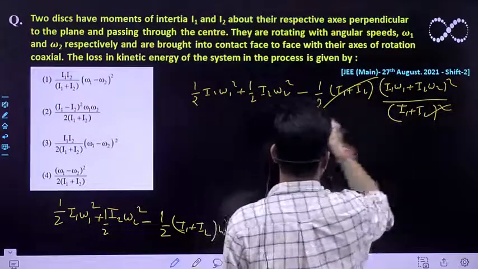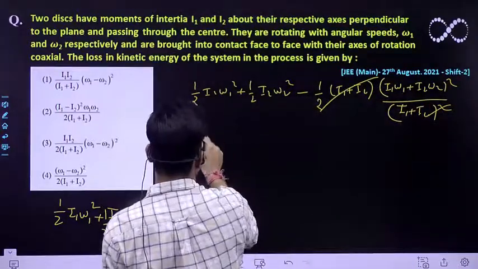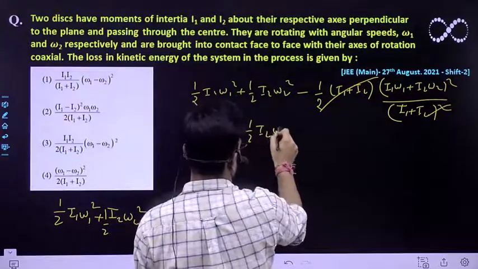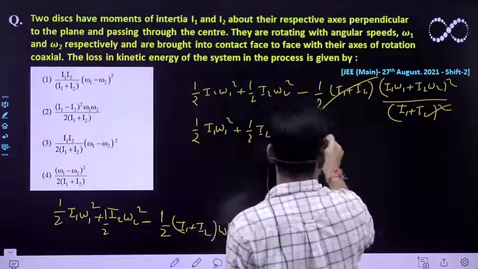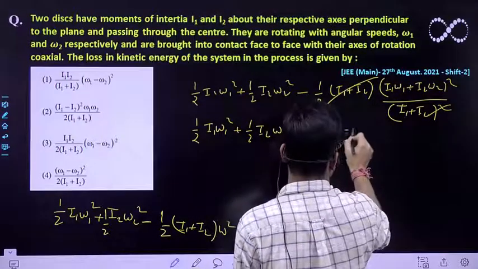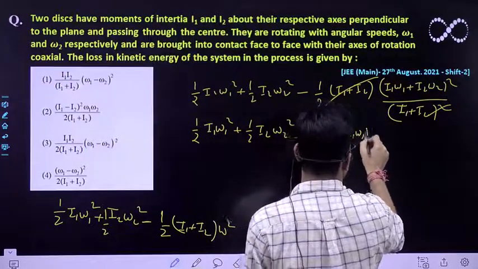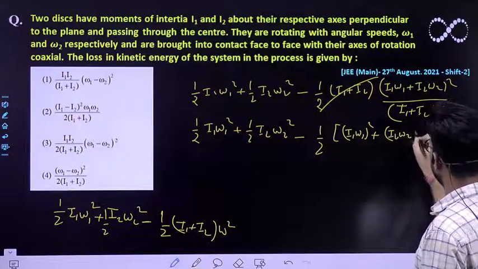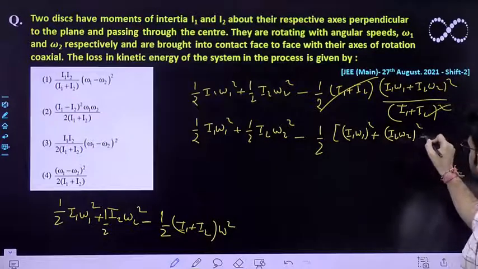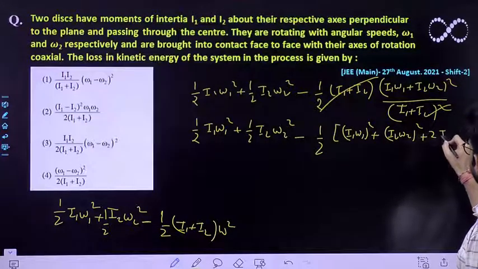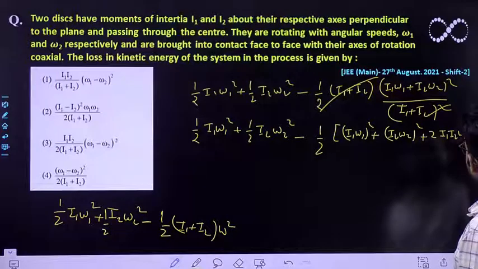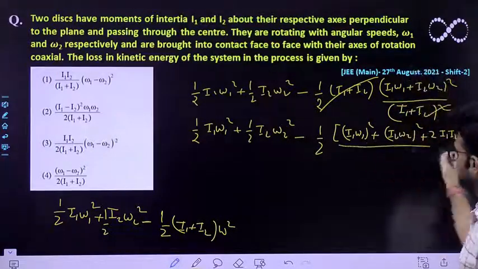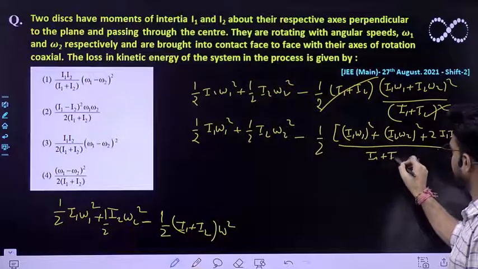So this expression would be equivalent to half of I1 omega 1 whole square plus I2 omega 2 whole square plus twice I1 I2 omega 1 omega 2. So this is the expression which is above, and below it is I1 plus I2.